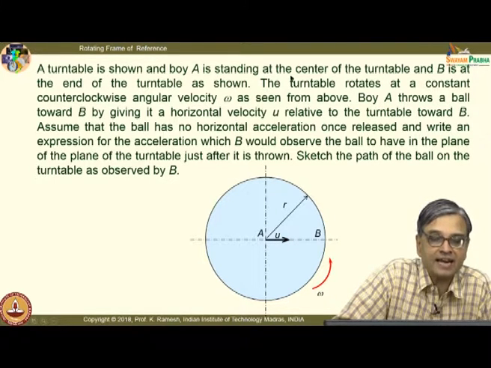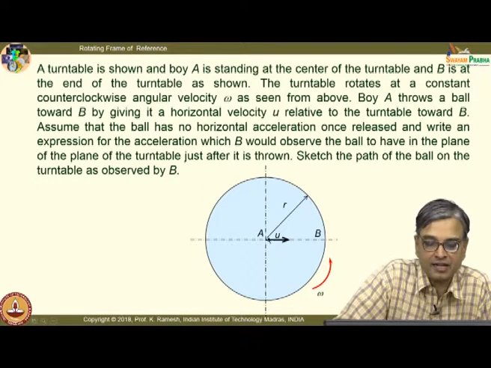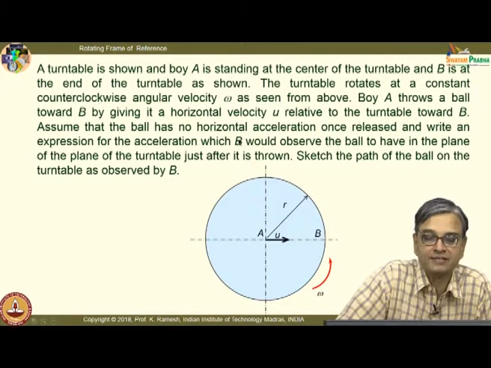Boy A is standing at the center of the turntable and B is at the end of the turntable. I have two boys standing. The turntable rotates at a constant counterclockwise angular velocity omega as seen from above. We have already seen that it is rotating, I have animated that, and it is a constant angular velocity. So, omega dot is 0.